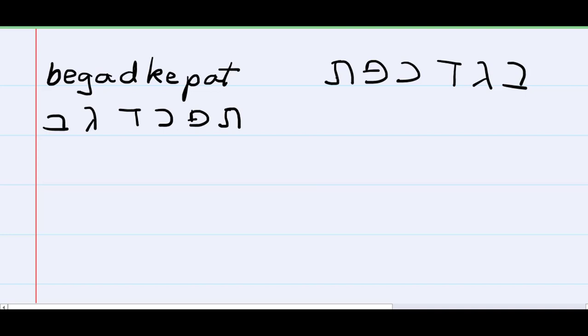Now, let's think about what the begadkepat consonants do by way of sound. Remember, they can take the dot, the dagesh. The dagesh will always go roughly in the middle of the consonant. And then we have the begadkepat set that could occur with no dagesh.